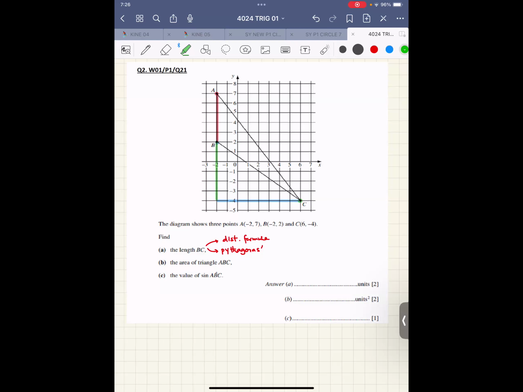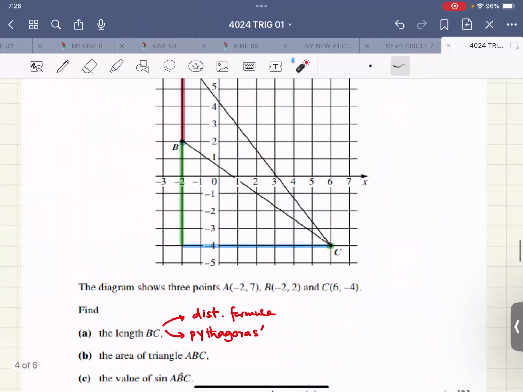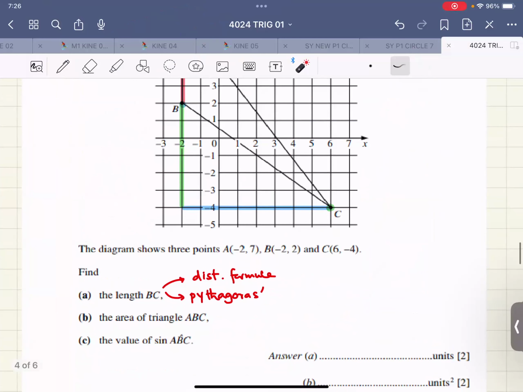Now, if I want to find this thing, which is the distance BC, I can use this as the height, I can use this as the base, and I can apply Pythagoras theorem. So let me get started with the first one. That is the Pythagoras theorem. That is 1, 2, 3, 4, 5, 6. That's the height. 1, 2, 3, 4, 5, 6, 7, 8.